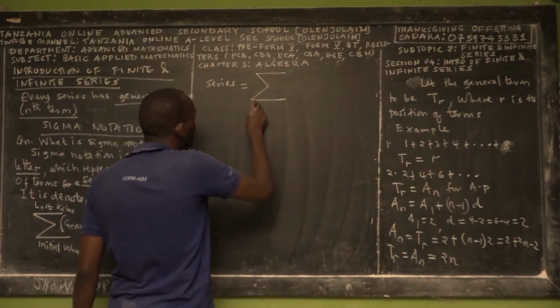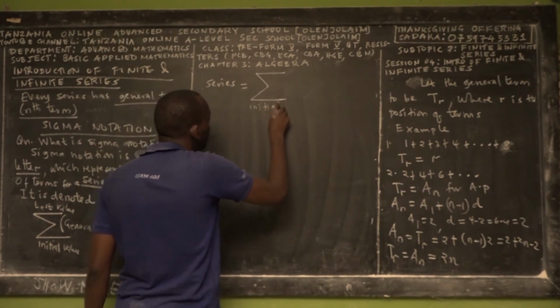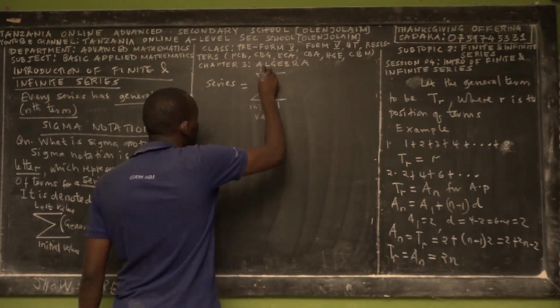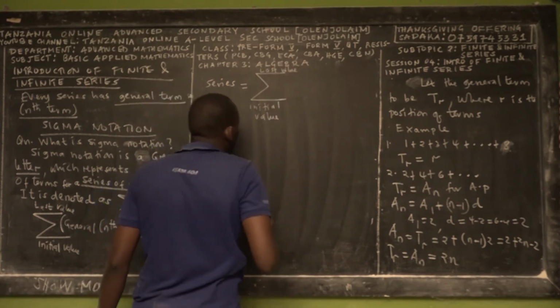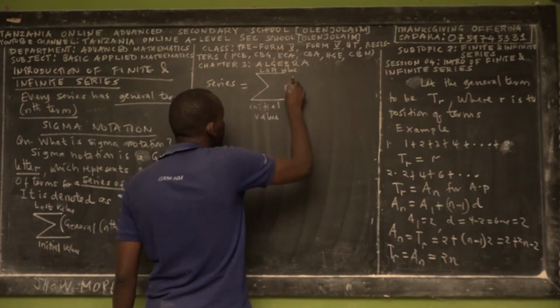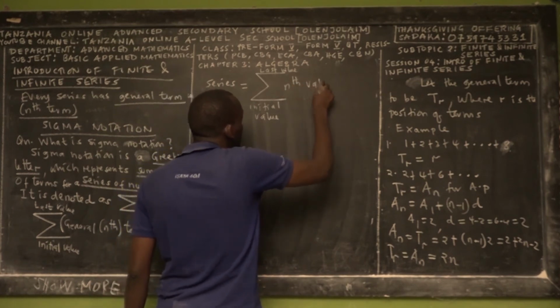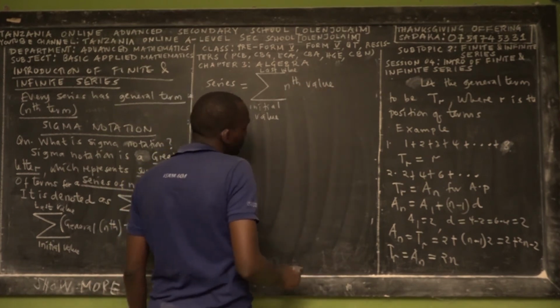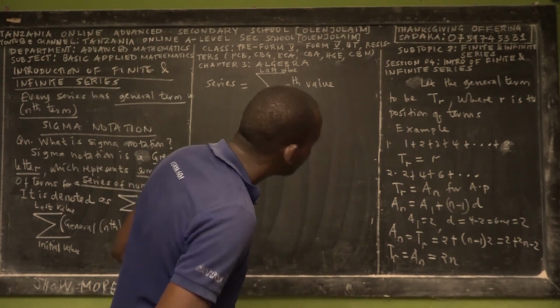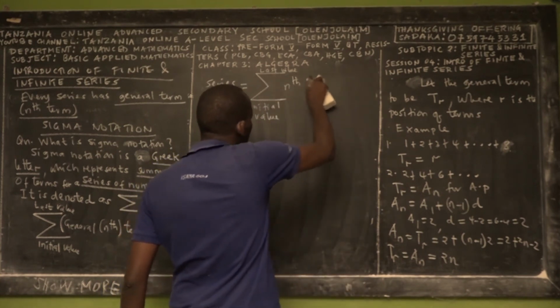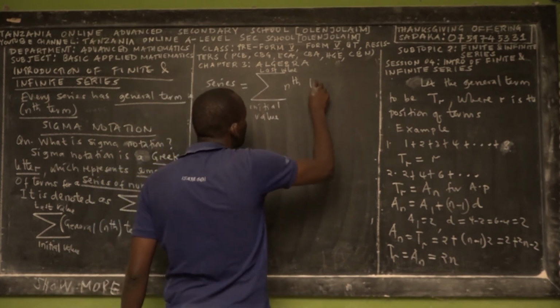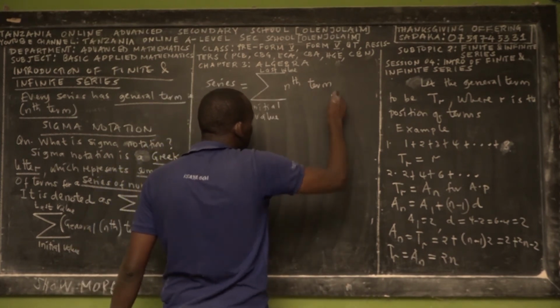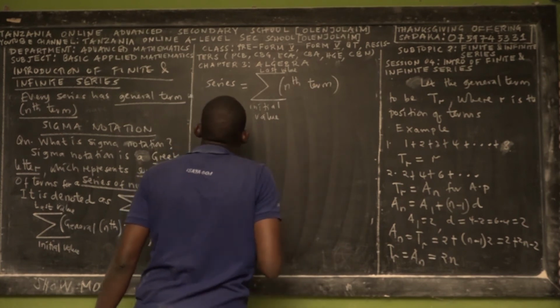This is the initial value, here we have the last value, and here you have the nth term.